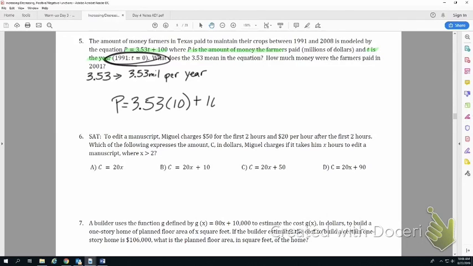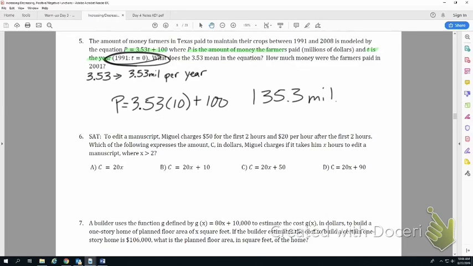I can't tell you how many times in the past I would have a student plug in 2001 in that situation. Whenever you're talking about years, be very careful as to what you plug in for x. And somebody who's gotten the answer, what did this one come out to? 135.3 million.